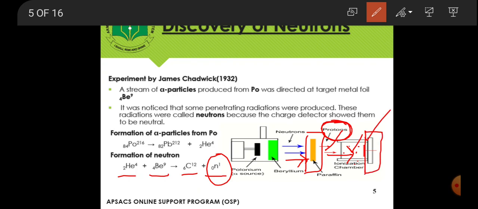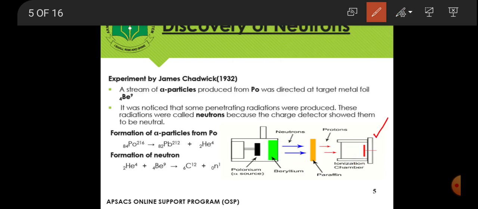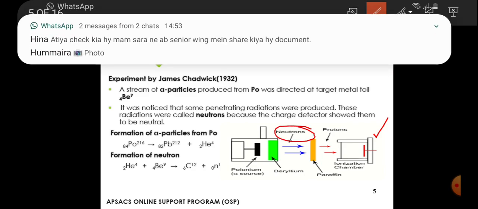This detector can detect the presence of positively charged and negatively charged particles, and it could detect the protons, which are positively charged particles, and showed that the neutrons are neutral particles carrying no charge.